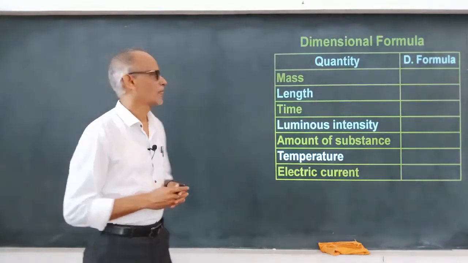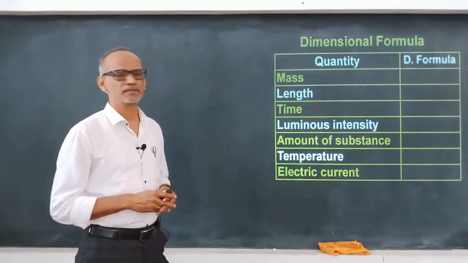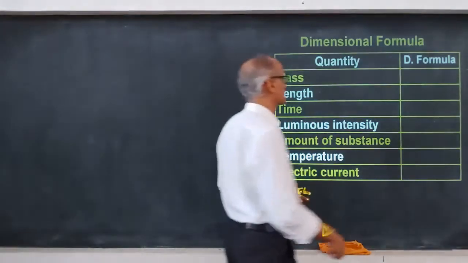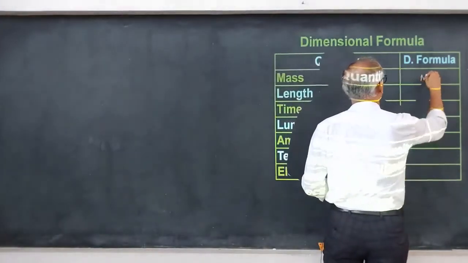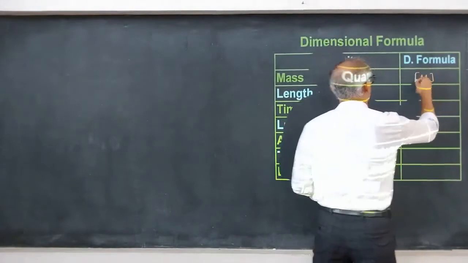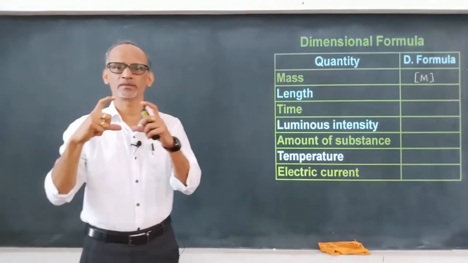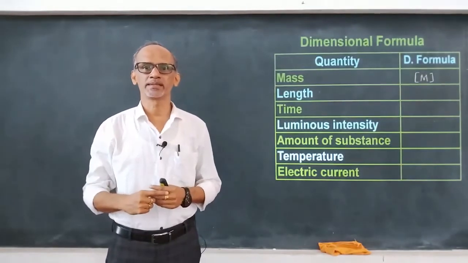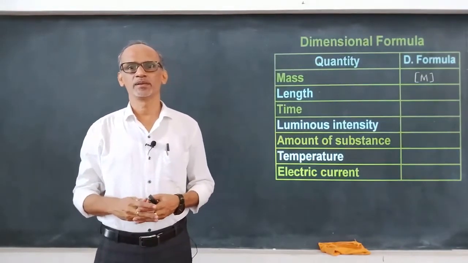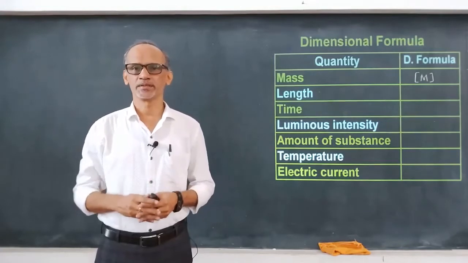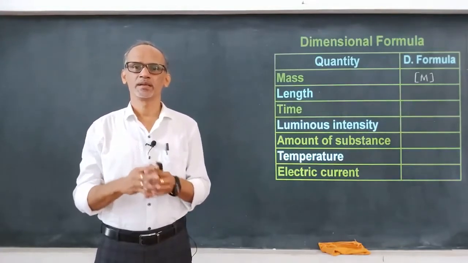It's M. So, the dimensional formula of mass is written as capital M, and then we write it within a square bracket. The moment you draw that square bracket, it indicates that it is the dimensional formula. This is a standard representation. Clear? So, for mass, it's M.